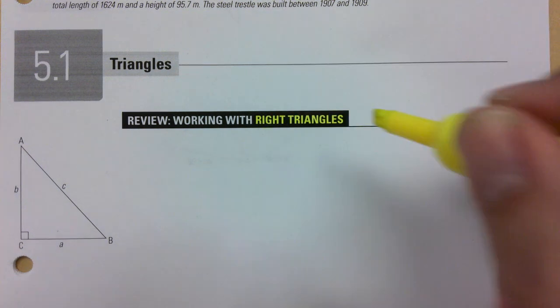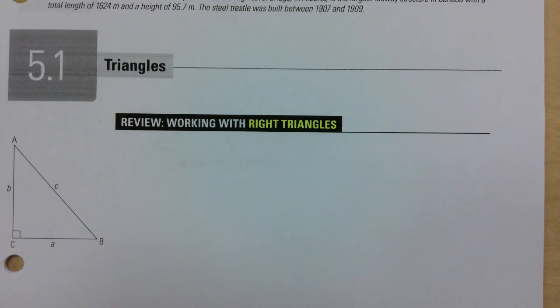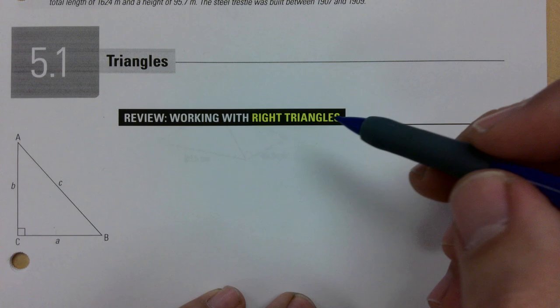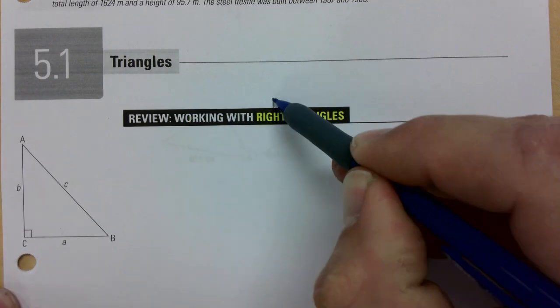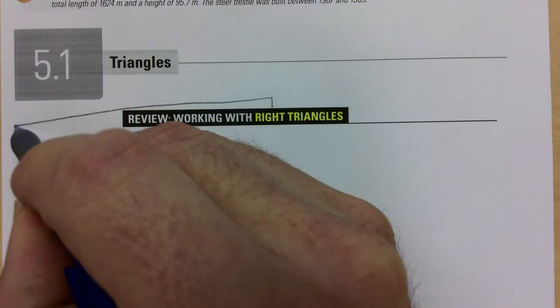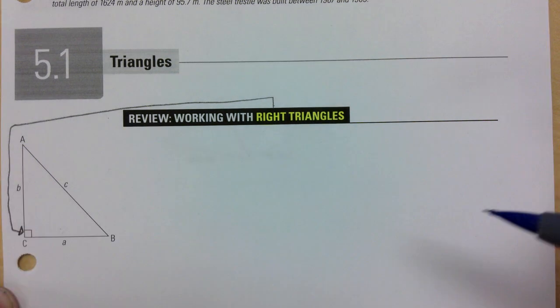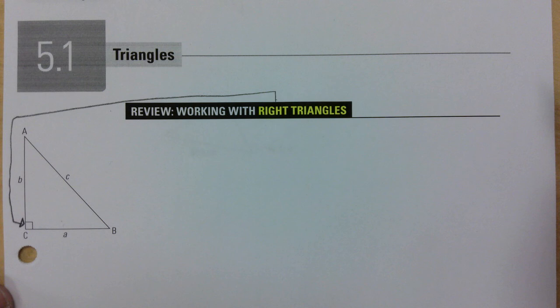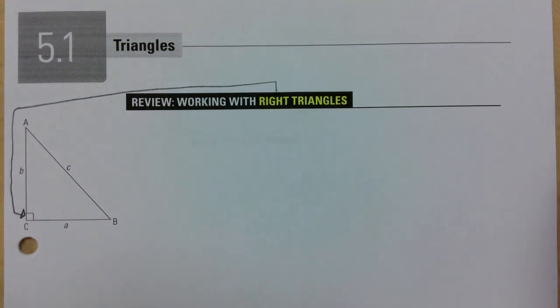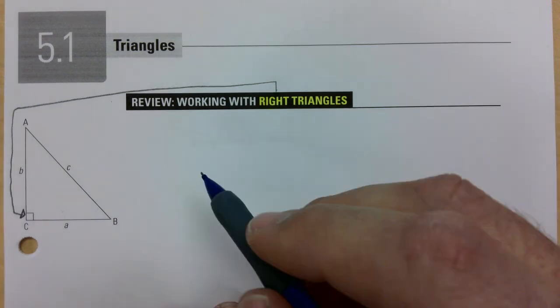Right triangles, what that means is it is a triangle that has a box like that or has a 90-degree angle there. Okay, so if that's the case, we can use the Pythagorean theorem.